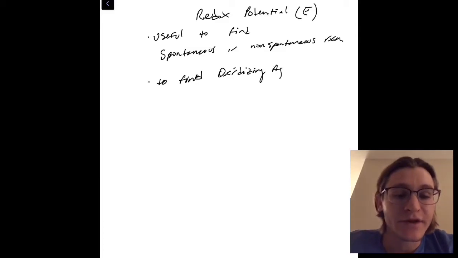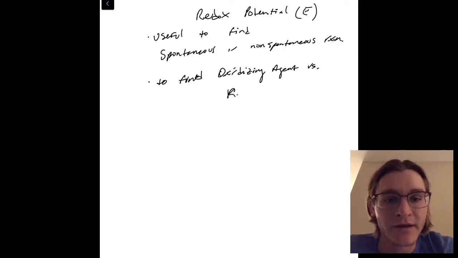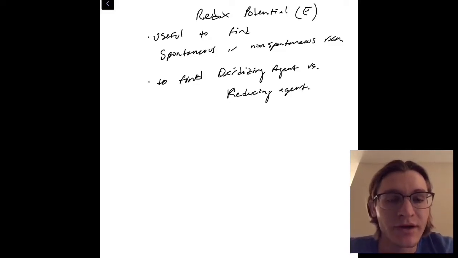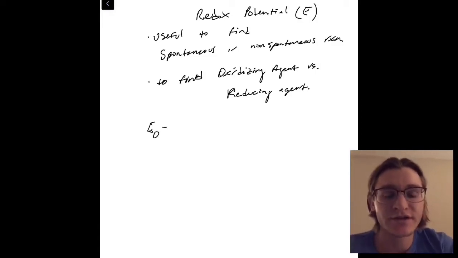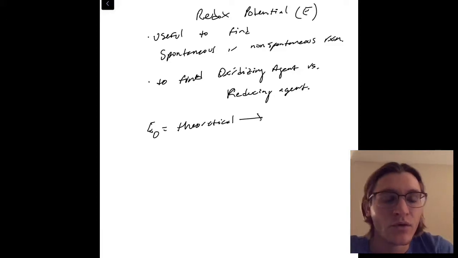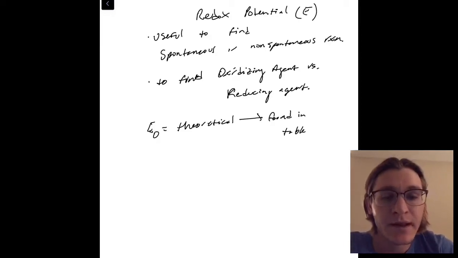It also helps us find a good oxidizing agent versus a bad oxidizing agent or a reducing agent. A good oxidizing agent is one with a positive E0 or redox potential. So if it's positive, it shows us spontaneity and it shows us an oxidizing agent.